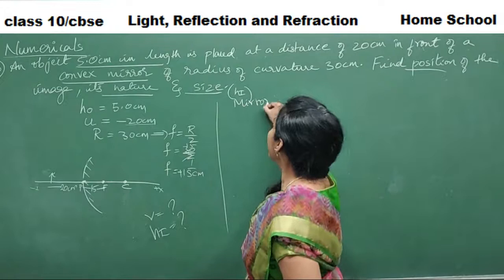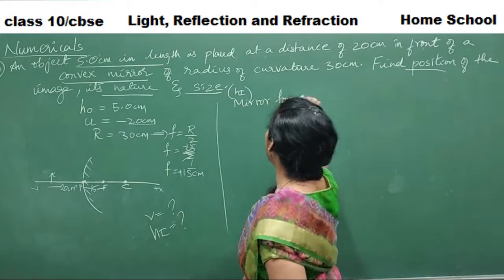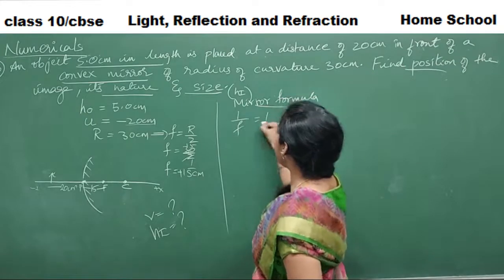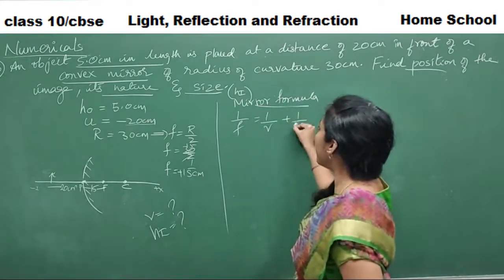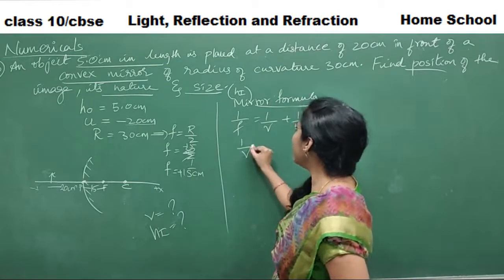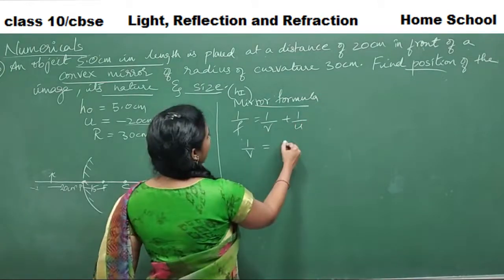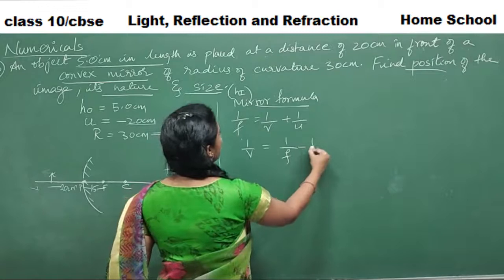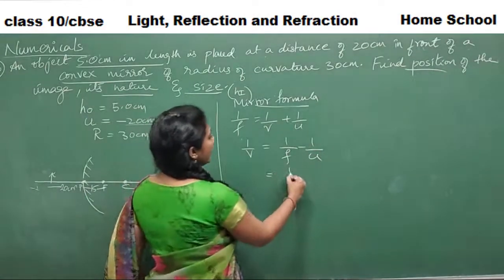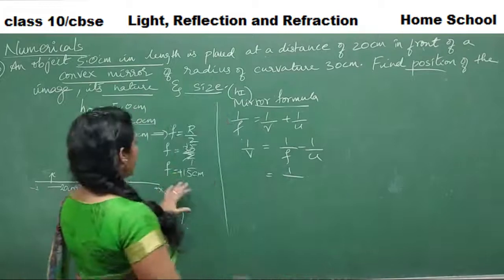So what is our mirror formula? 1 by F is equal to 1 by V plus 1 by U. What they are asking is V, so 1 by V is equal to 1 by F minus 1 by U. So substitute the values here. 1 by F, F value is how much?